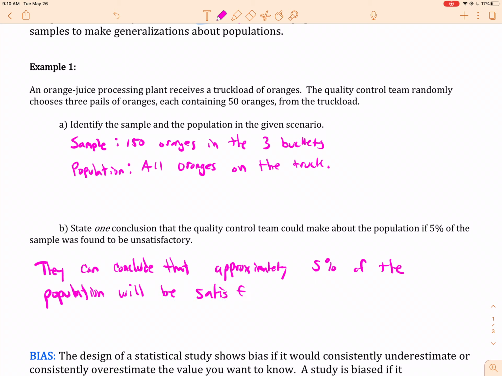Now there's a key word here. What's the key word here? The key word is approximately, because it's not going to be exactly 5%. It could, but it's very unlikely that it's exactly 5%, but you're taking a rough estimate based on a good random sample.